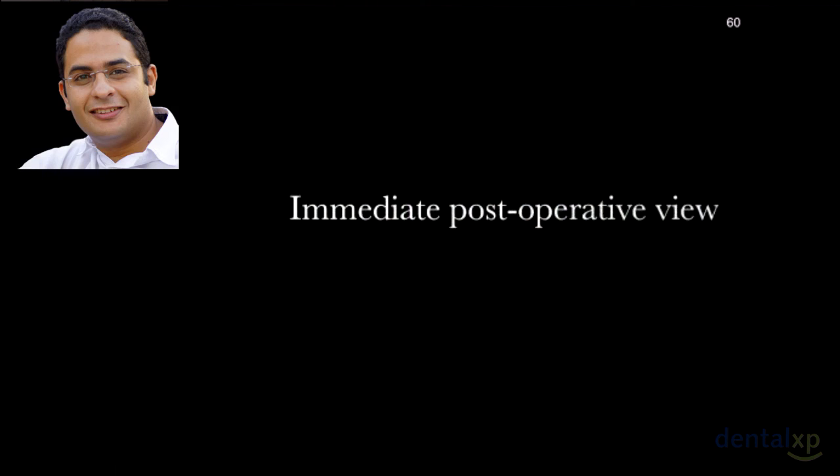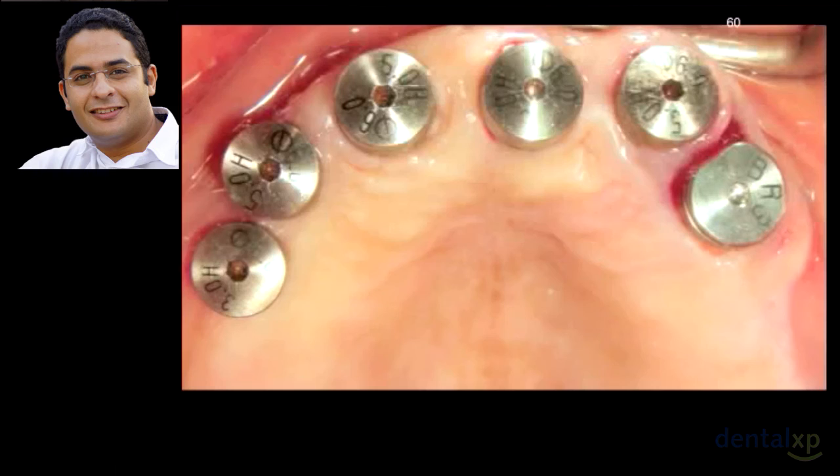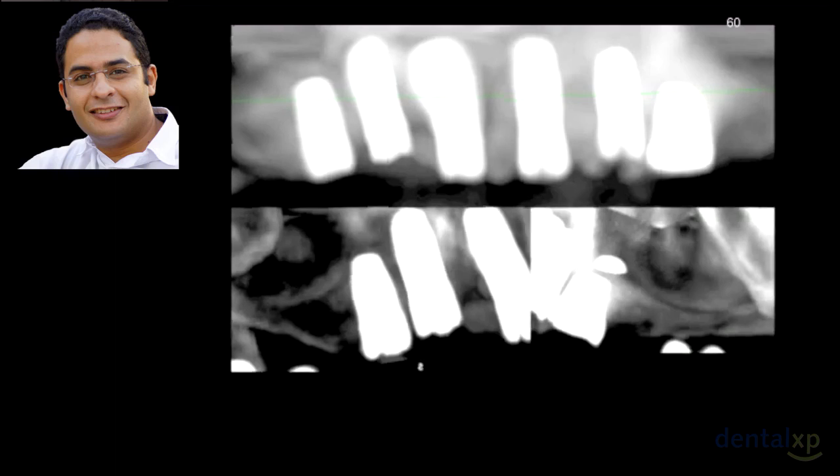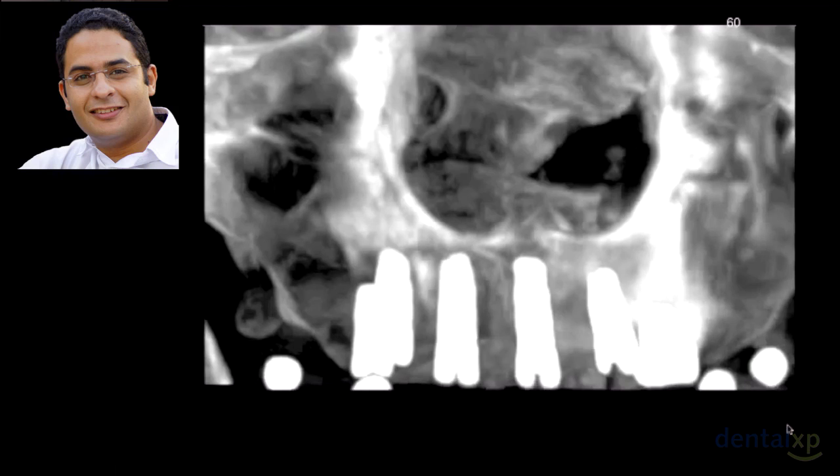It's a very wide 5.8 diameter implant. We see the immediate post-operative view, clean, minimal bleeding, minimal trauma to the tissues. The post-operative x-rays in 2D and in 3D showing excellent results.